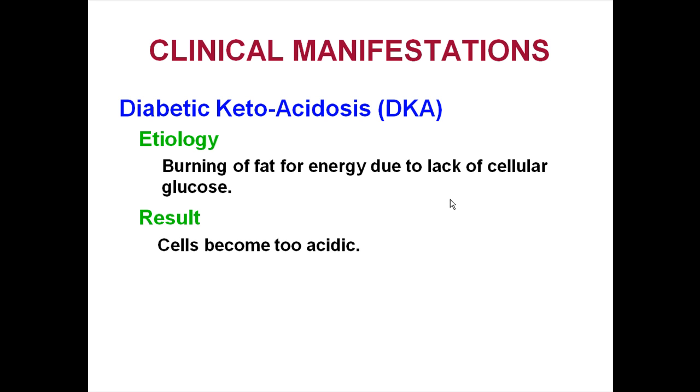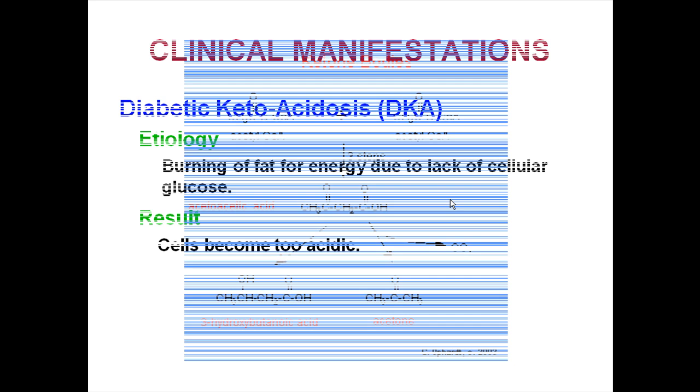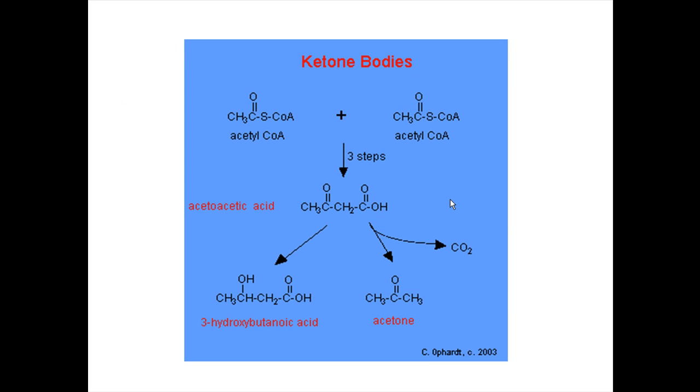Another clinical manifestation is diabetic ketoacidosis, where you can get acidosis or high ketone levels. Where you're not burning the fat effectively or efficiently, you'll get too much ketones, which will become too acidic, and you can get ketoacidosis from that. And ketone bodies are basically, if you know any chemistry, acetyl-CoAs in the mitochondria.